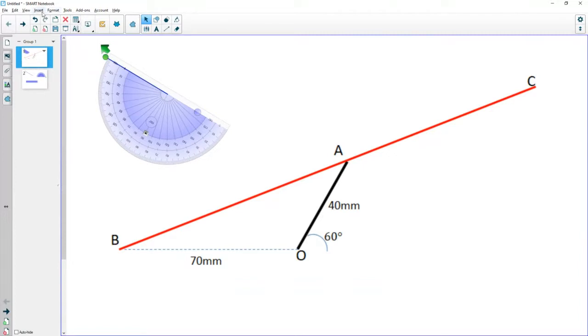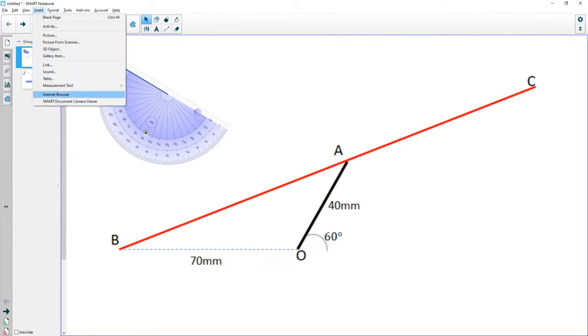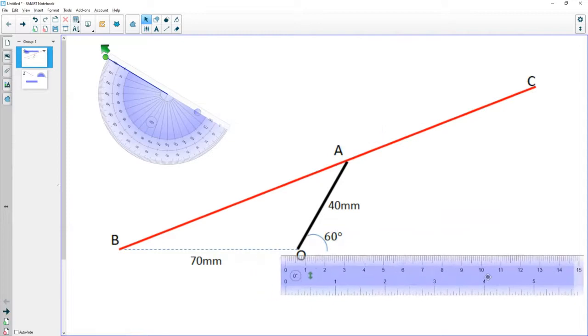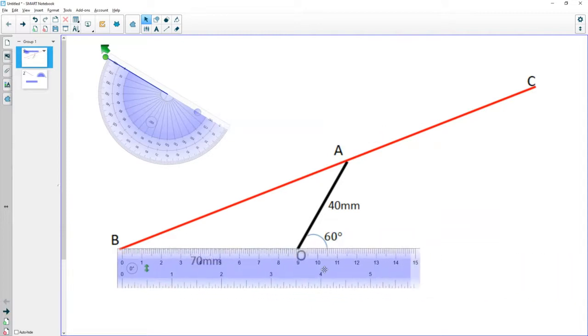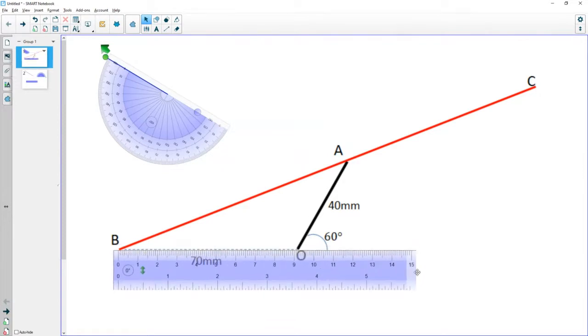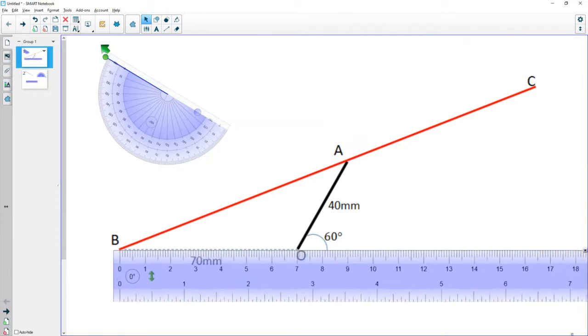I'm going to take my rule and just show you that things are to scale. So if I'm 70 millimeters, then I want this rule to line that to be 70 millimeters.